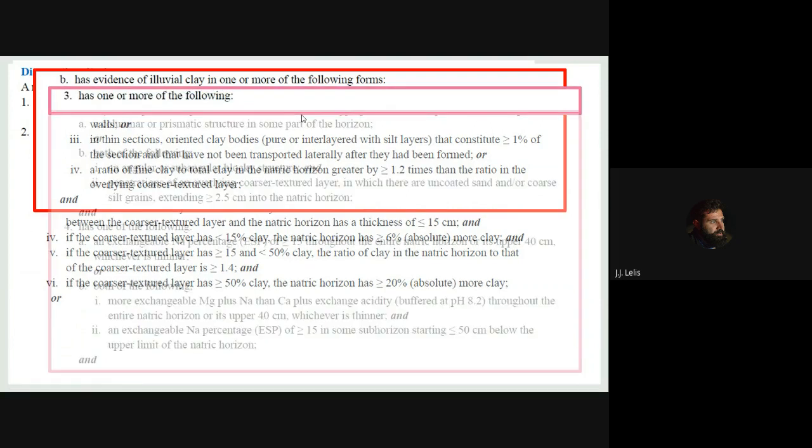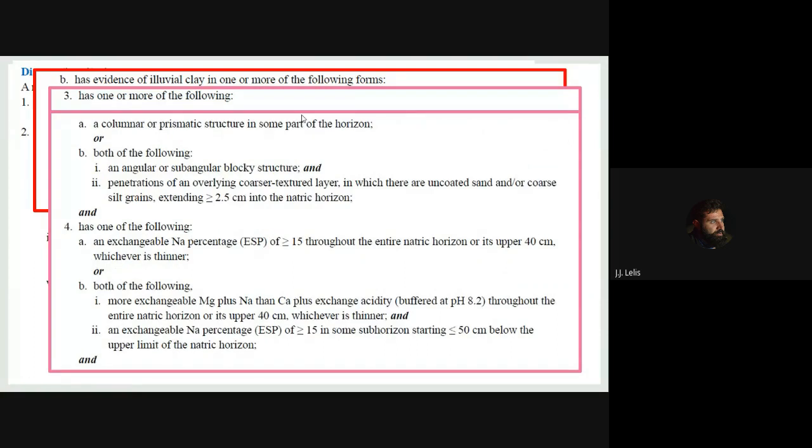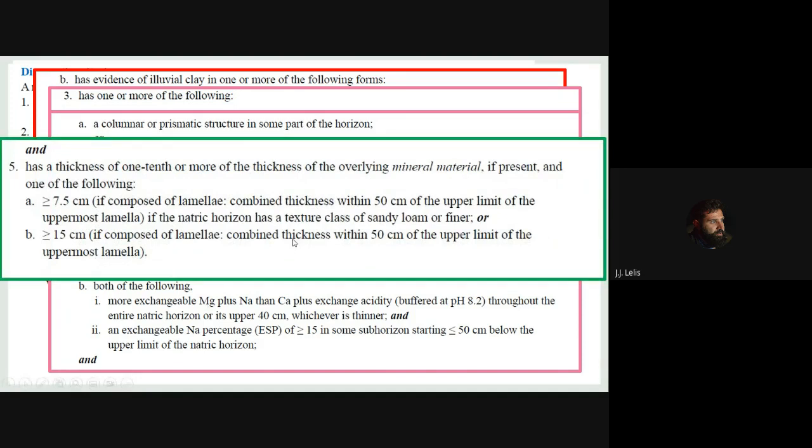But we have some properties that are particular to the natric horizon, that is a specific kind of structure like columnar or prismatic, and a high content of sodium or sodium and magnesium, okay? And of course, a thickness. We always have at least 0.5 centimeters to identify a diagnostic horizon. In this case, it should be 7.5 or only 15 centimeters.